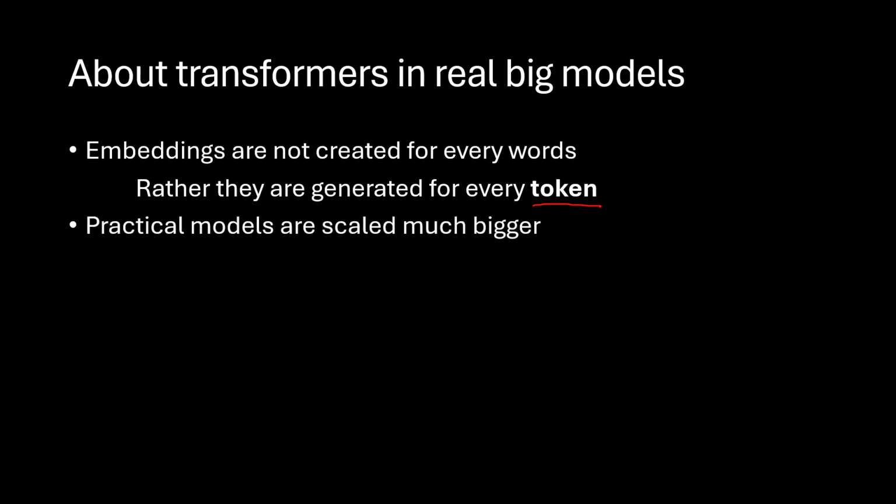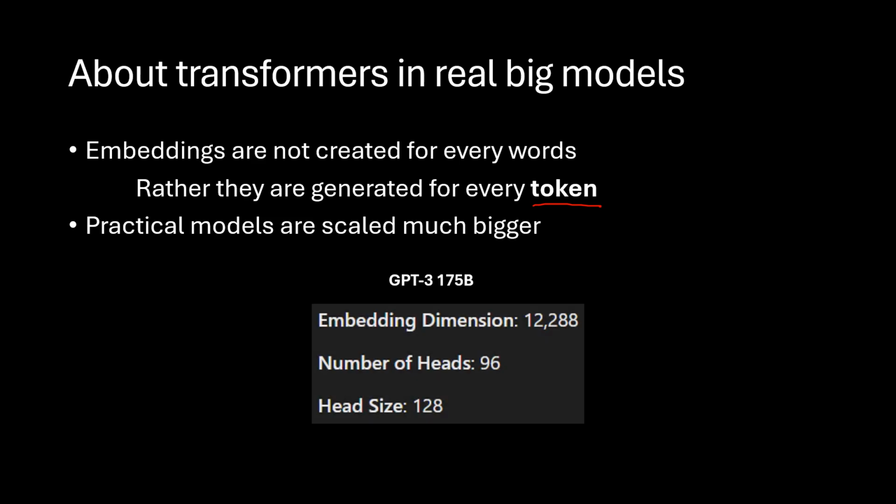The second thing is that practical models are scaled much bigger. For example, in the GPT-3 175 billion parameter model, the embedding dimension was 12,288, and in our example, we used an embedding dimension of 3. So it's doing the same math, but just scaled much larger.